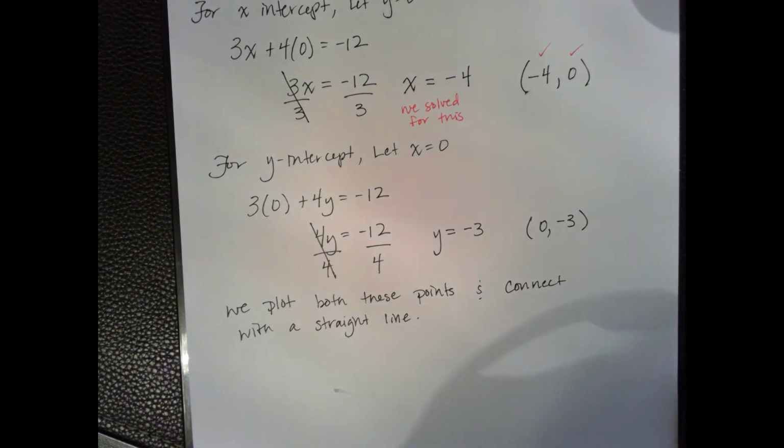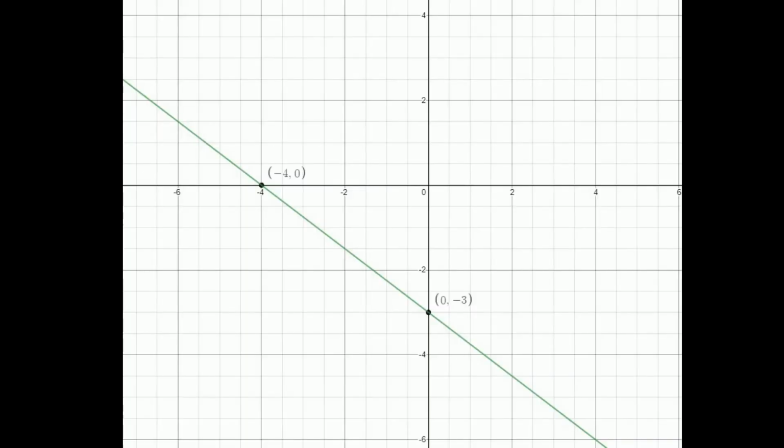Okay, so let's look at this graph. Here we go. So we ended up with the points (negative 4, 0) and (0, negative 3). You can see them labeled on the graph, and all we had to do is connect them with a straight line, and there is our equation graphed.